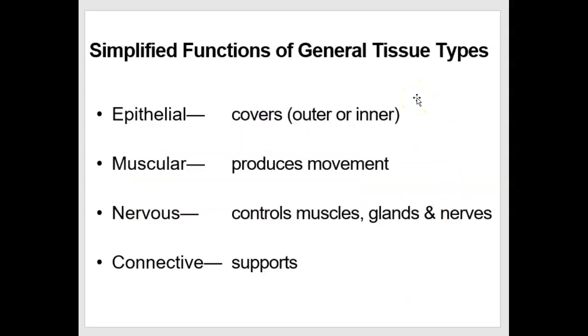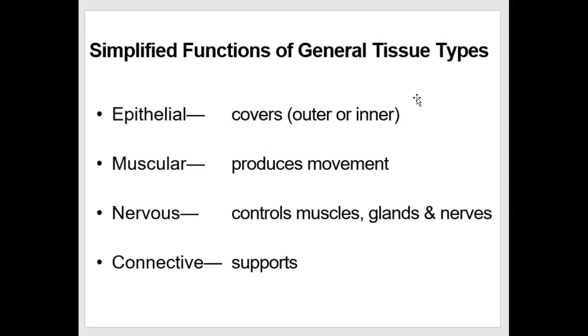So each of these general tissue types have generalized or simplified functions. If we had to just come up with a short phrase for the function of each of these general tissue types, we would say that epithelial tissue covers, protects, either on the outside or the inside of an organ. Muscular tissue produces some kind of movement because it always contracts.